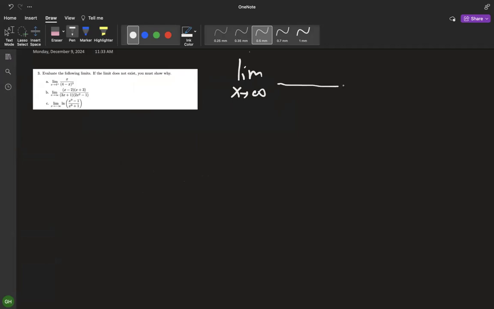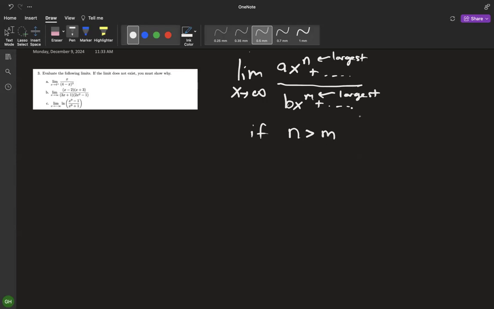if we had ax to the n plus things that are smaller, so this is the largest power, and b over x to the m, with a bunch of smaller things, then if n is bigger than m, if we have a bigger power on top than on the bottom, then this thing is going to blow up.